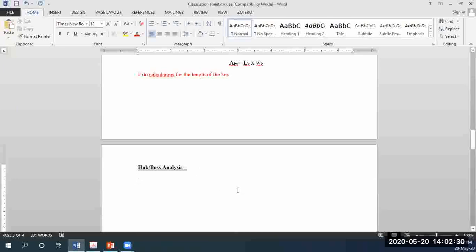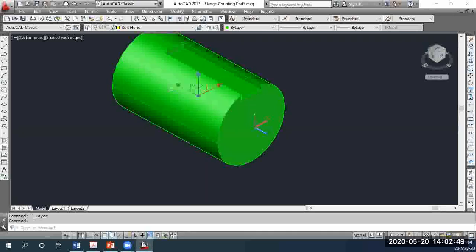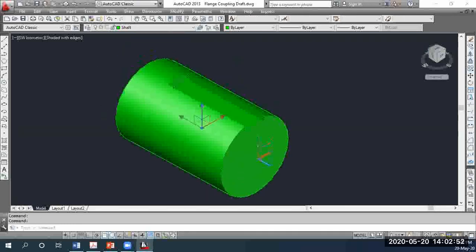Now, what we are trying to find from there is, so I did a quick drawing for you guys. Let's see if I can pull this up. That's done in AutoCAD. Whatever you're able to see in green, what do you think that is?